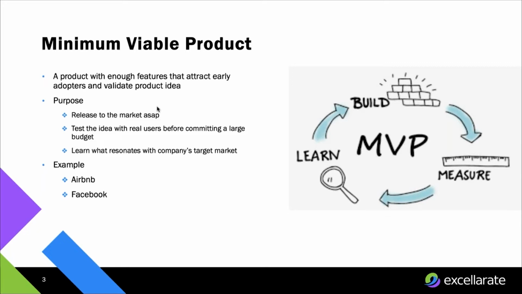An example is Airbnb, the Air Bed and Breakfast company, which started with a small MVP application, and when it started getting more market traction, they converted it into a platform where you can book accommodation, a room or a house, wherever you are going for activities or fun. That's a good kind of MVP. Similarly, Facebook is another example. There are many examples that follow the MVP model and then become huge.